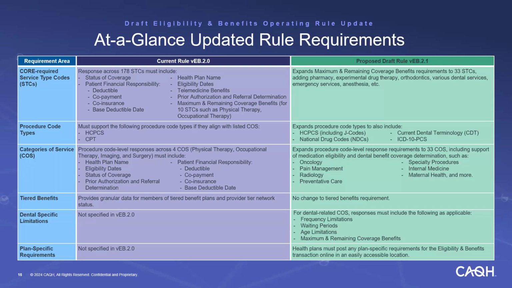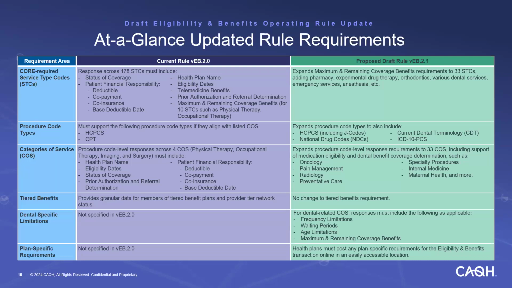So currently in rule in version 2.0 of the rule and in purple, if a health plan receives an inquiry with a HCPCS or a CPT on it that is physical therapy, occupational therapy, imaging, or surgery related procedure code, the health plan must respond with the information you see here on the screen.